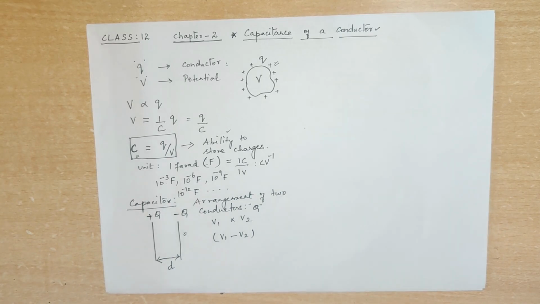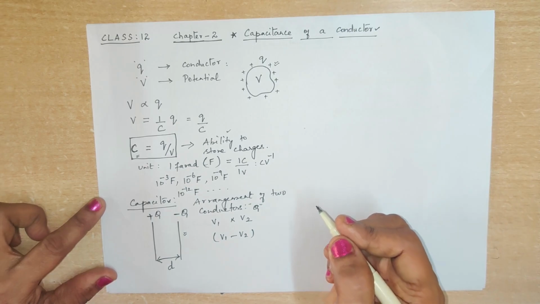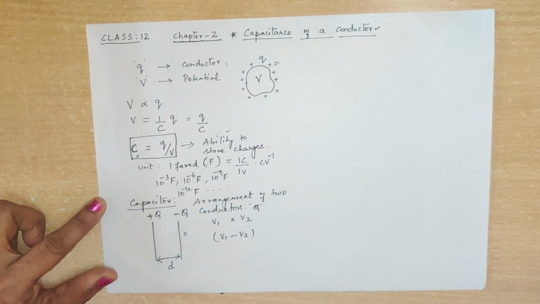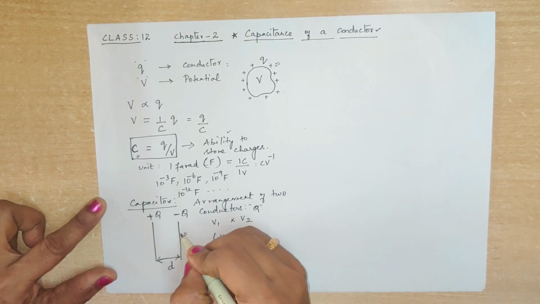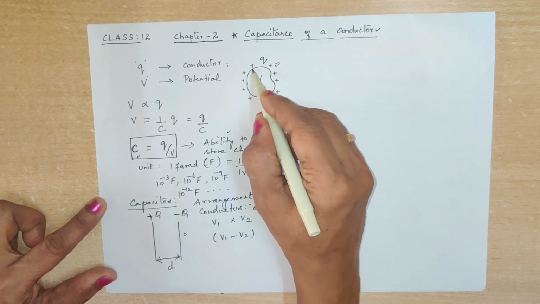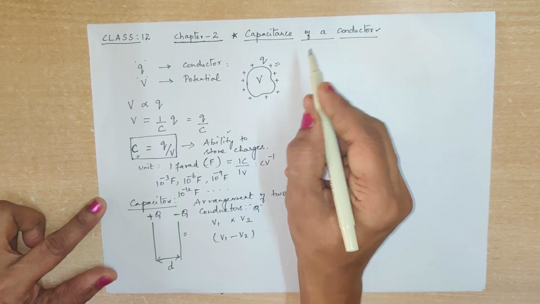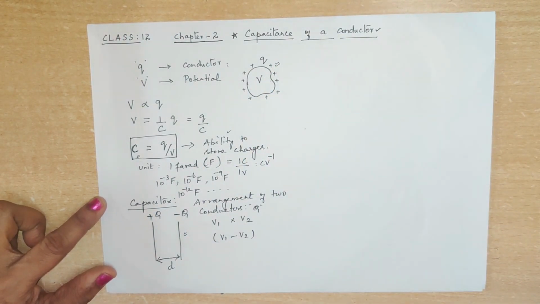It also depends on the size and shape of the plates. Plates means the conductors. And it also depends on the presence of any other conductor around it. That's very important. If you keep one more conductor like this, what is the nature of that conductor? But it does not depend on the material with which it is made, because it depends on the material medium around it.